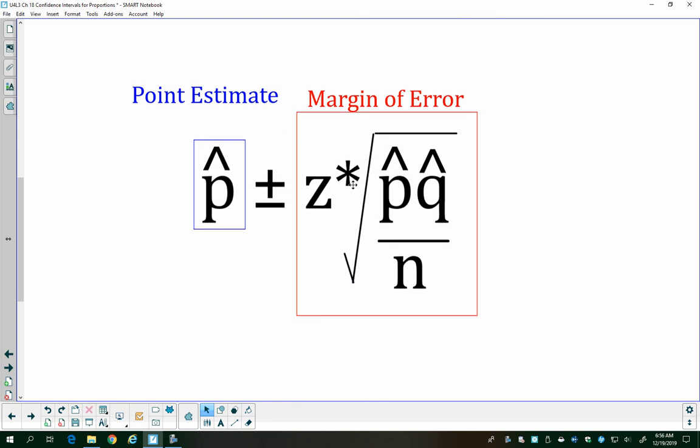So we have two big pieces separated by this plus or minus. We have our point estimate. That's the value or the proportion we get from our sample. So in our case, 22% of mislabeled packages out of 190. In this part on the right here, Z star times the square root of P hat Q hat over N is the margin of error.